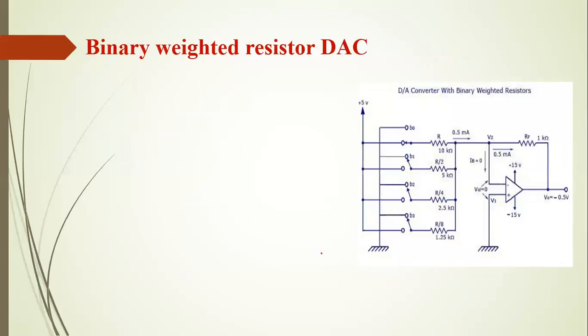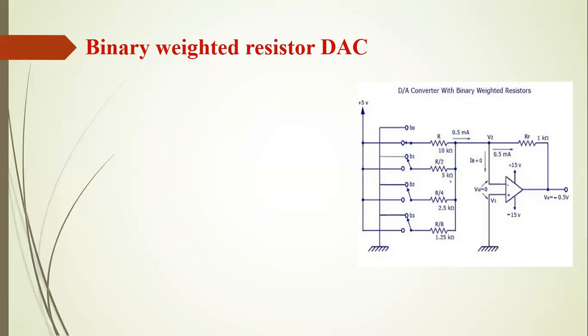So why the name binary weighted resistor? Because the binary conversion is done with respect to the weighted resistors. Here we cannot use a common resistor for all the data bits. If you see the op-amp, on the output side it will be a normal op-amp or a differential amplifier.